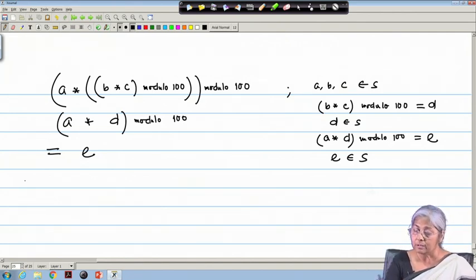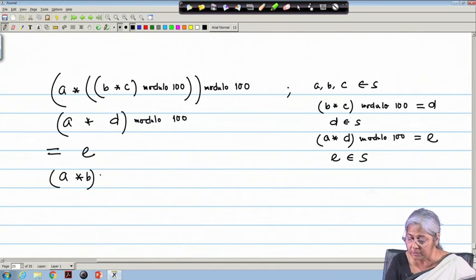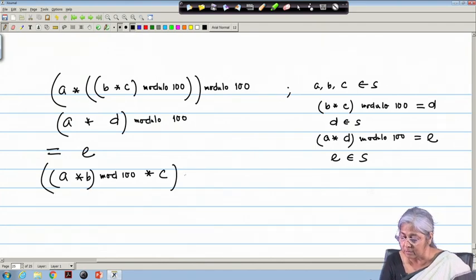Now, we see that since it is the associative property, first I do A star B modulo 100, and then star C modulo 100.